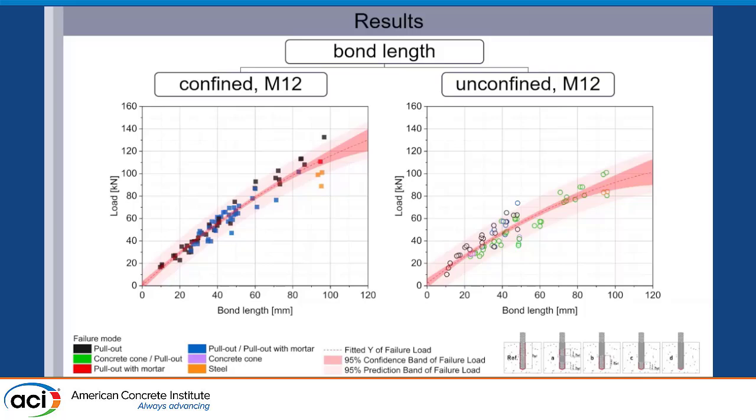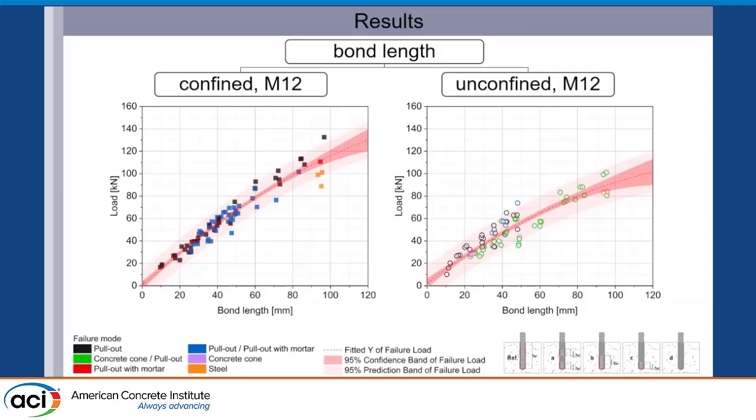The interesting part in this test was that for the confined test setup, configuration A had higher failure loads compared to configuration B, whereas for the tests in unconfined, it was the opposite.